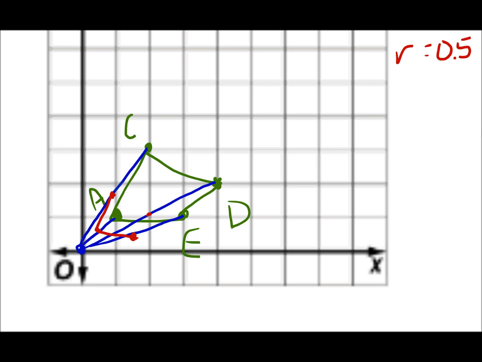I can draw my image. I've got my new points, A prime, C prime, D prime, and E prime. Each vertex is half the distance from the center, half because R is half, and each side is half as long as the sides on the original.